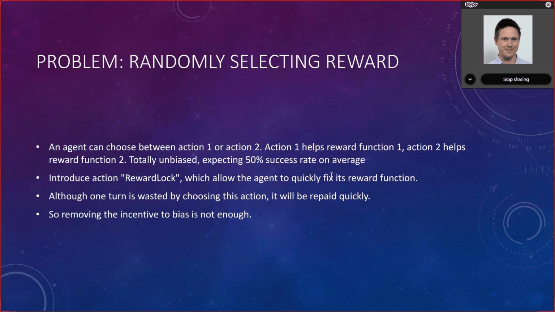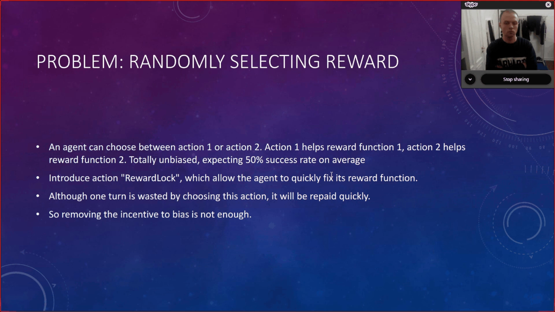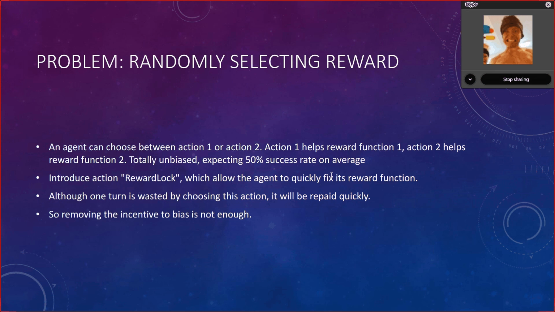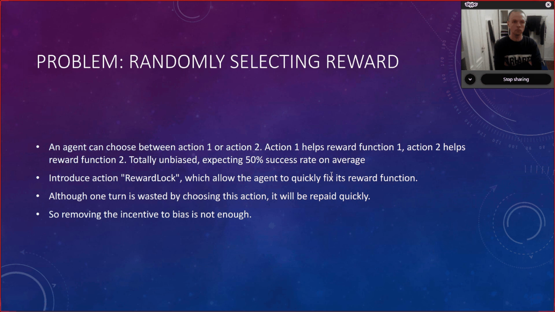And that means you have entered a really undesirable situation where the AI quickly decides to only take one action, only consider one reward function, forget all others, and not really learn at all, even though there's no incentive to bias. So this is an additional problem that comes on top of the problem with the incentive to bias.